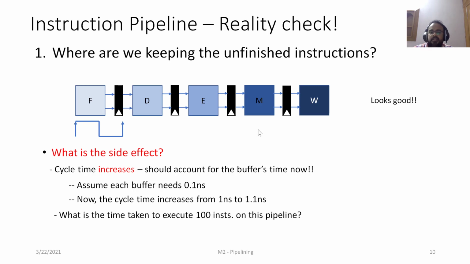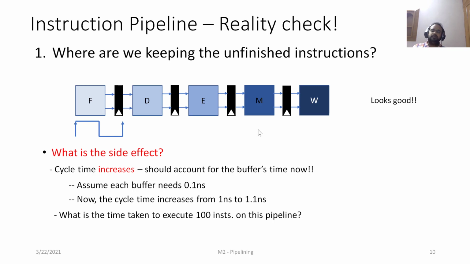What it means is, earlier we would have run this particular pipeline at 1 gigahertz, but now the frequency reduces to 1 upon 1.1 gigahertz, right? That's the impact on the frequency.